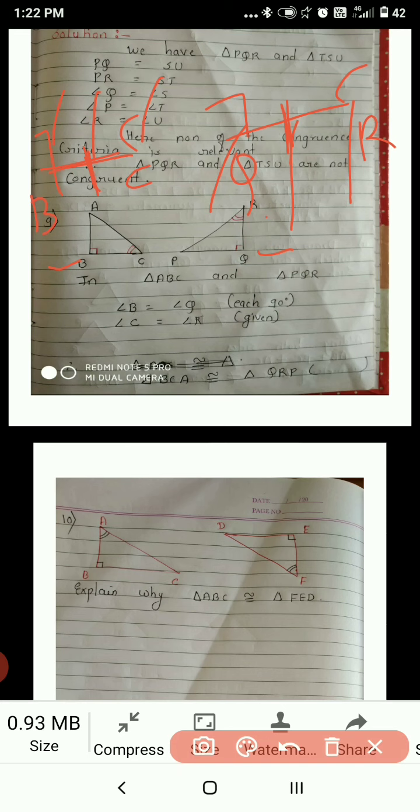So we have to write the additional pair. Which additional pair will we take to make these two triangles congruent? We are going to write BC equal to QR. Now you can find your criteria rule: angle, side, angle. Therefore triangle ABC is congruent to triangle PQR by ASA.